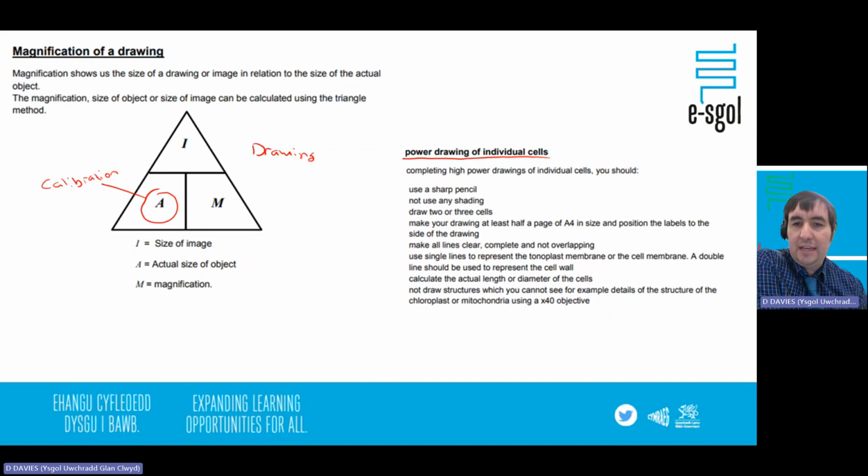It needs to be sharp pencil, no shading, no feathering. I would say no artistic skill at all, but you do need a good eye for proportions, stuff like that. Those are the things you need to be aware of when doing a drawing, and those two formulae are what you need to know.